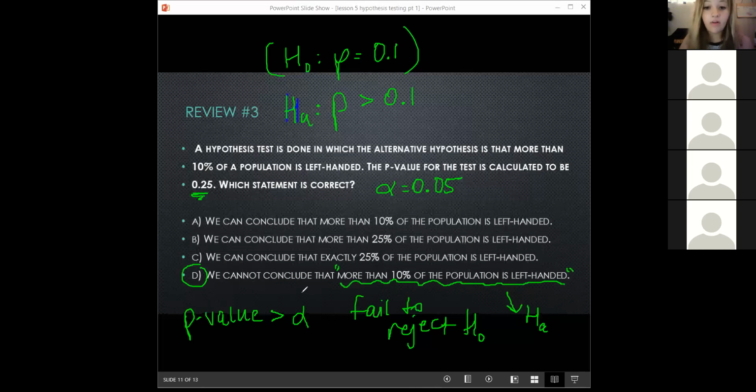We're in favor of the null. So D is the only one saying that. This 25%, these aren't correct because the 0.25 is our p-value, not the value we're using with our null and alternative. And then A isn't correct because it's saying we can conclude that, but that's not true because we failed to reject the null. So D is the correct answer.